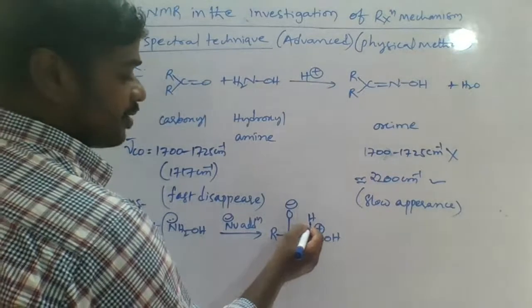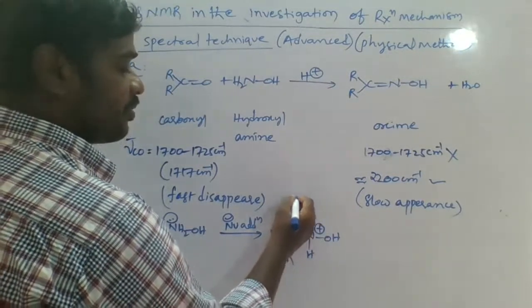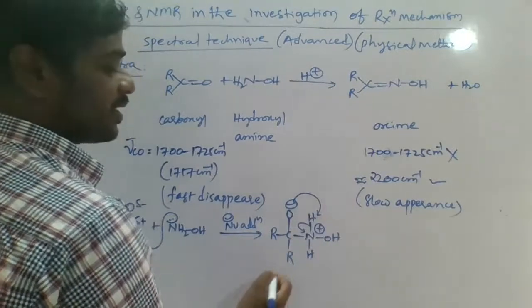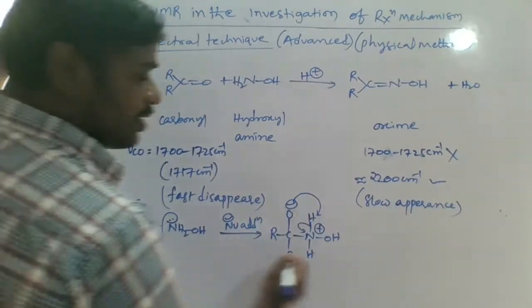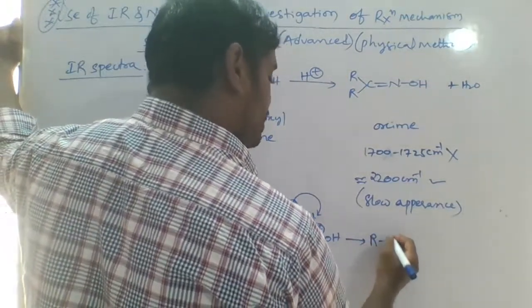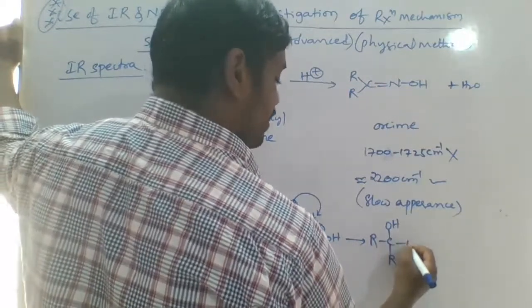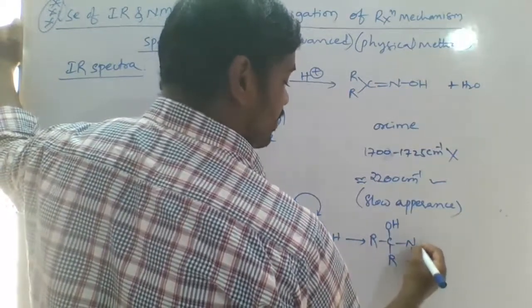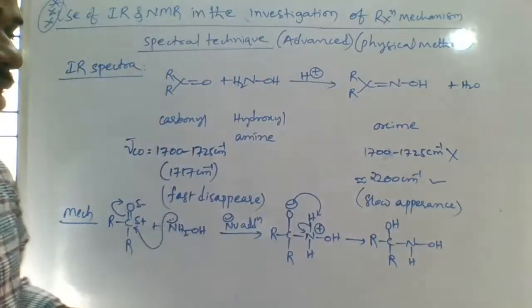Then H plus is taken by the O minus. So then what happens is the formation of R-CH(OH)-NH-OH.